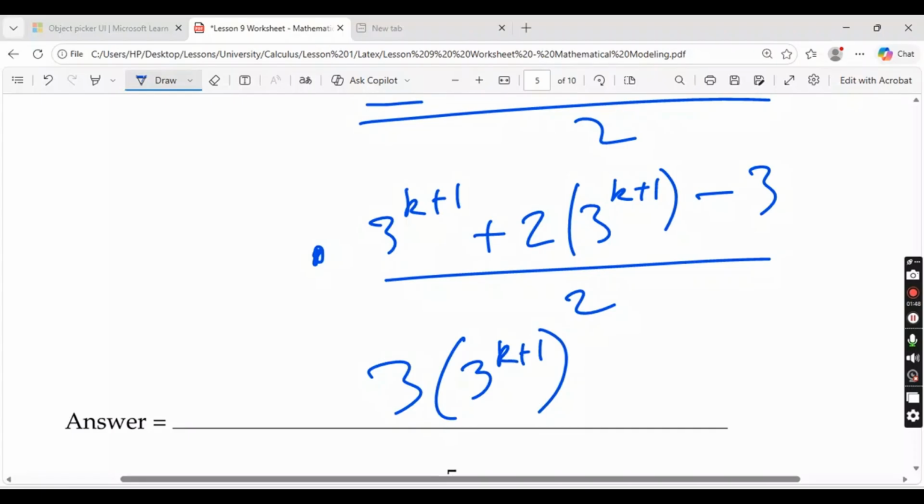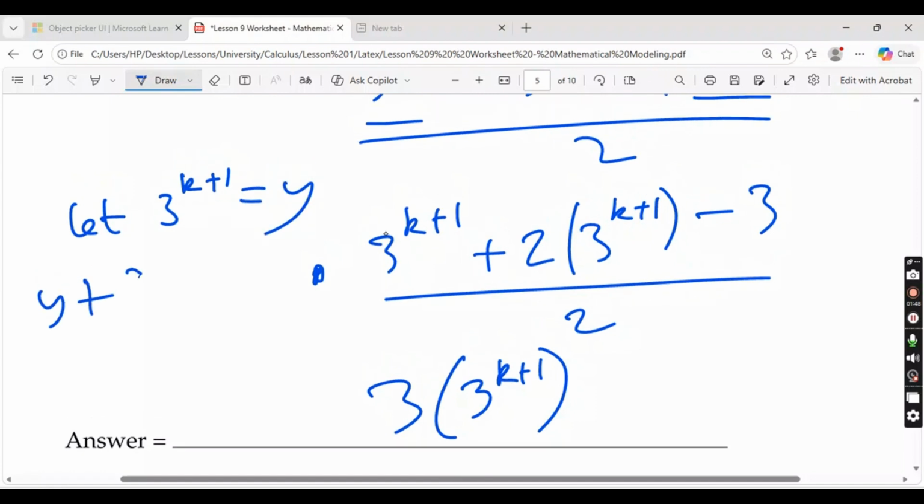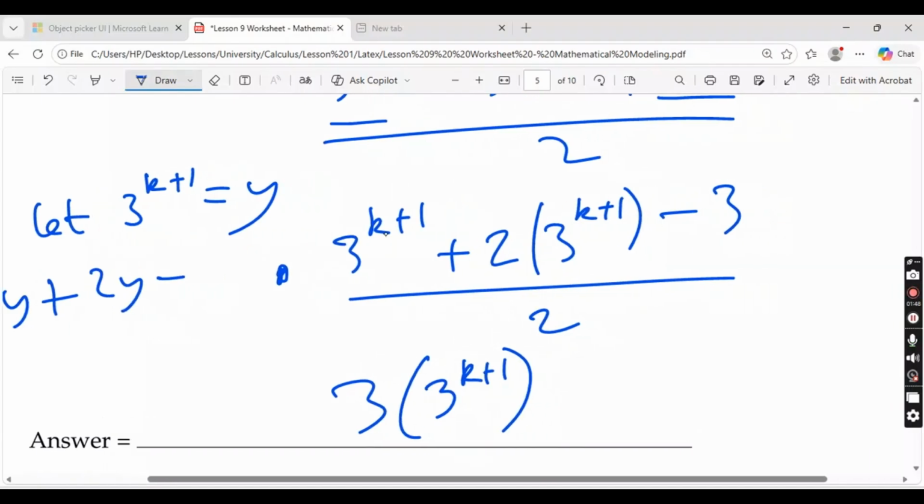Why am I saying that? We can let 3 to the power k plus 1 be equal to y, for example. So it now is y plus 2y minus 3 over 2. Then y plus 2y, we get 3y minus 3. Then we substitute back.